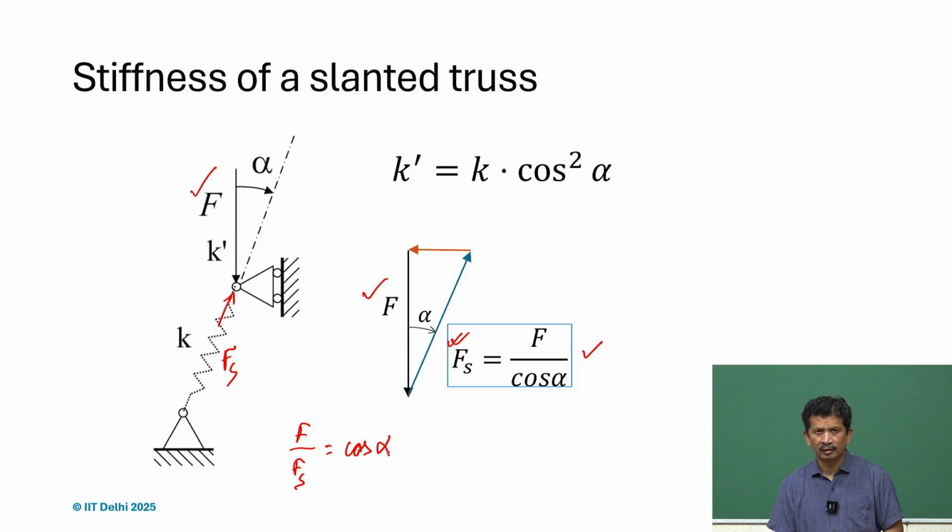Using normal trigonometry, we can write that, and then we can also write Fs in terms of F.